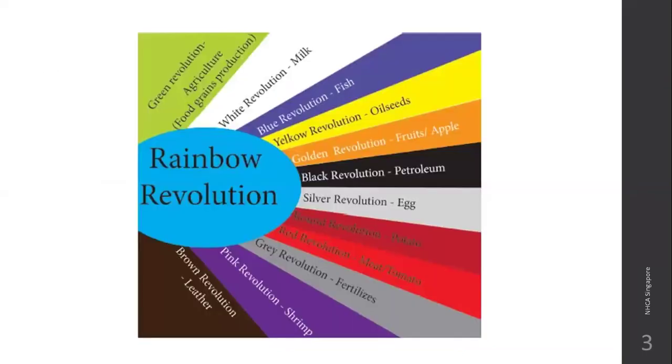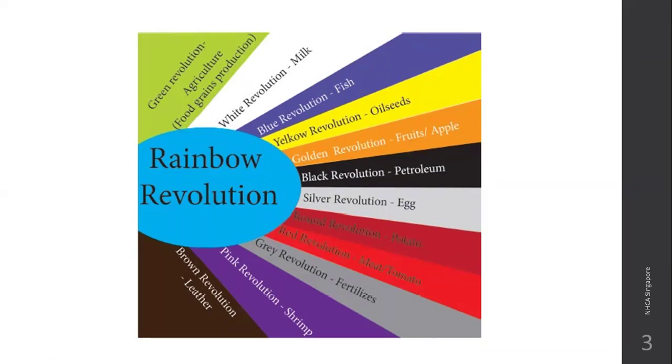And it is through the rainbow revolution. What is the rainbow revolution? It includes various changes that have come in agriculture, the fertilizer industry, animal husbandry, and horticulture.